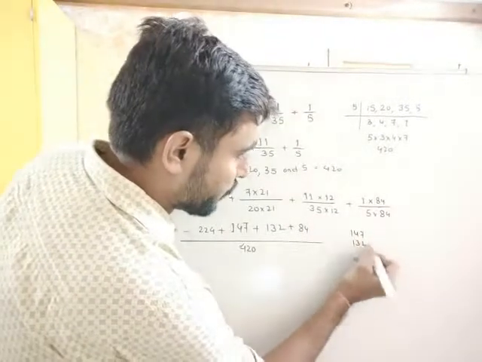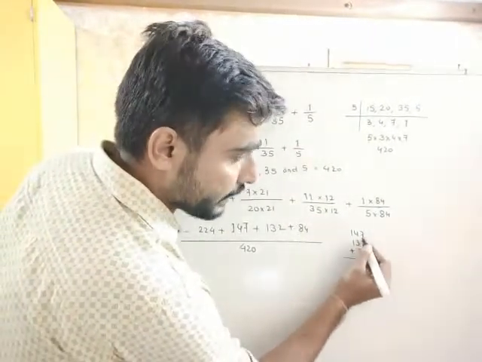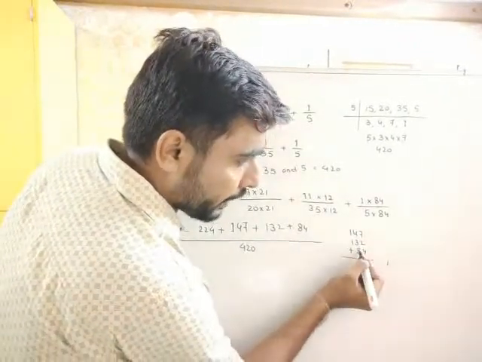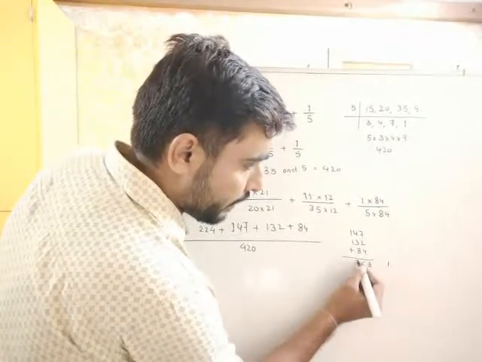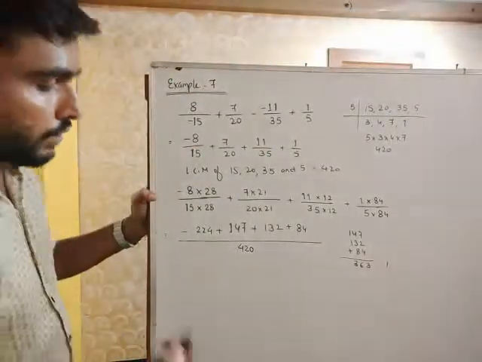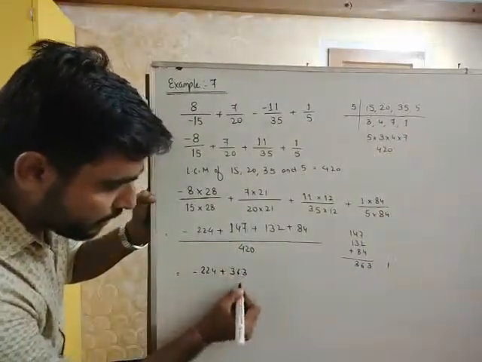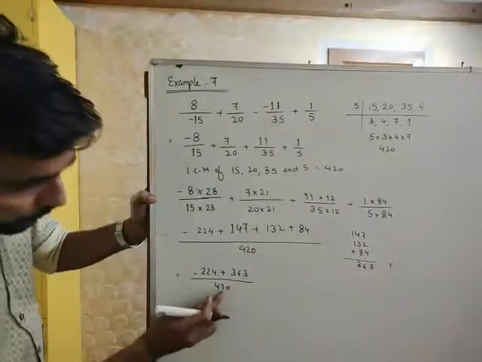147 plus 132 plus 84. 6, 6 and 13, carry 1. 8 and 3, 11, 11 and 1, 12, 12 and 4 is 16, carry 1. And 3, 2 and 1, 3. So minus 224 plus 363 by 420. Okay.